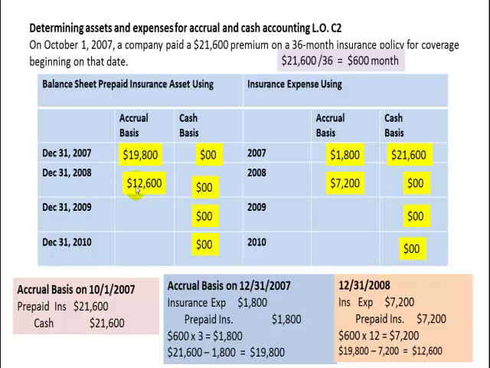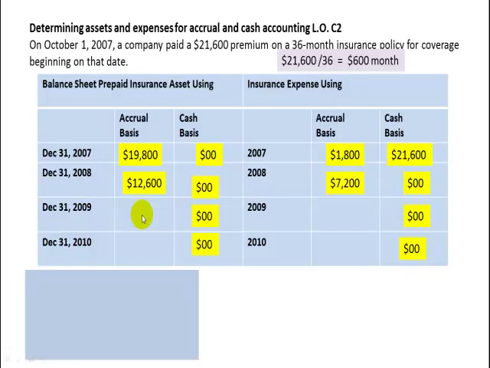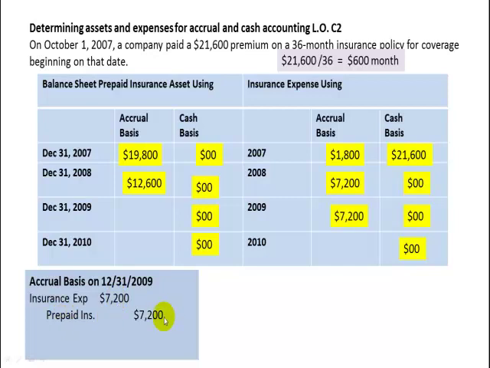Now 2009. 2009 is another full year, so we've got another $7,200 that we'll expense. We'll make an adjusting entry at the end of 2009 to debit insurance expense for $7,200 and credit prepaid insurance for $7,200, and that's for the full year, $600 a month times 12 months.